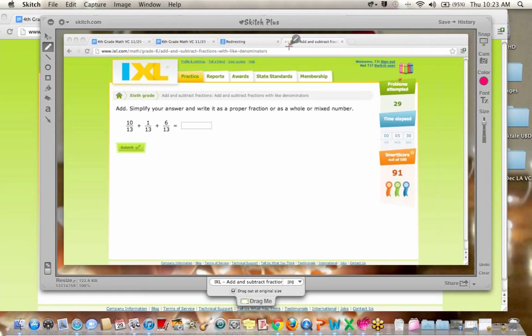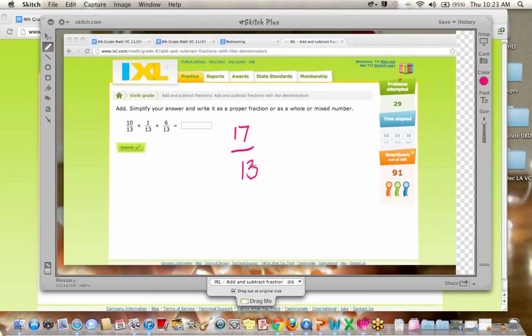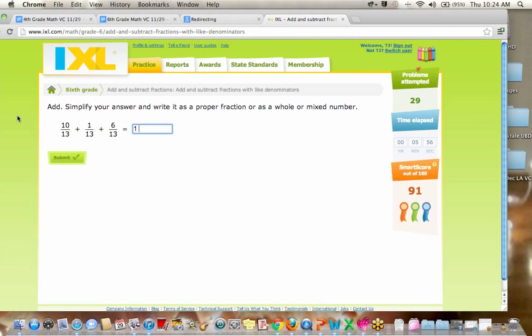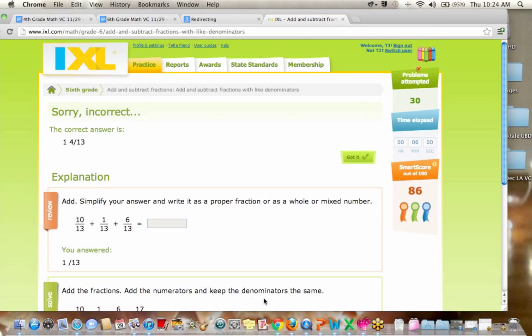All right, there we go. So most people are telling me that 10 plus 1 plus 6 is 17. So we have 17/13. And then we have to simplify. So how many groups of 13 fit into 17? 1. And what is left over is 4. So 1 and 4/13. Oh, whoops. I forgot to type in the 4.